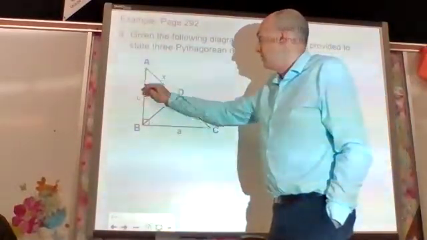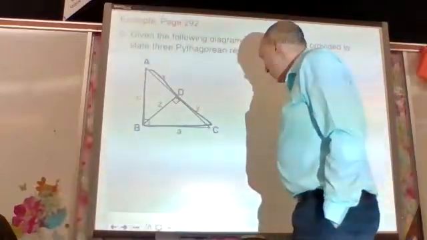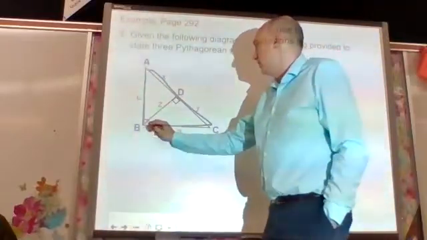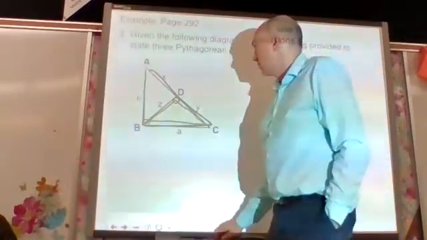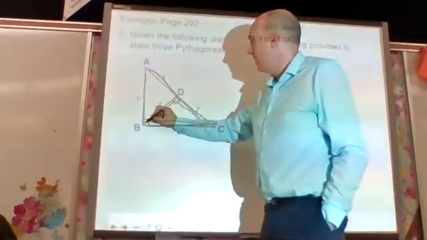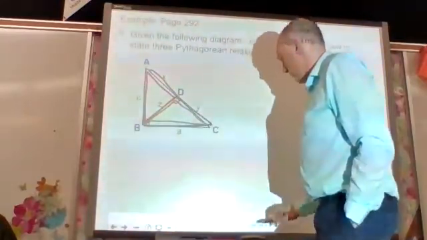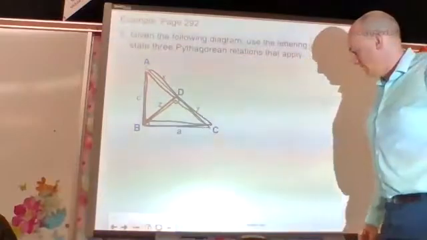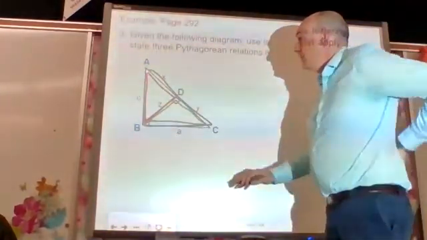We can take a look at triangle ABC, triangle BCD, or triangle ABD. So we kind of have 3 different triangles in there. We can state our 3 Pythagorean relationships.